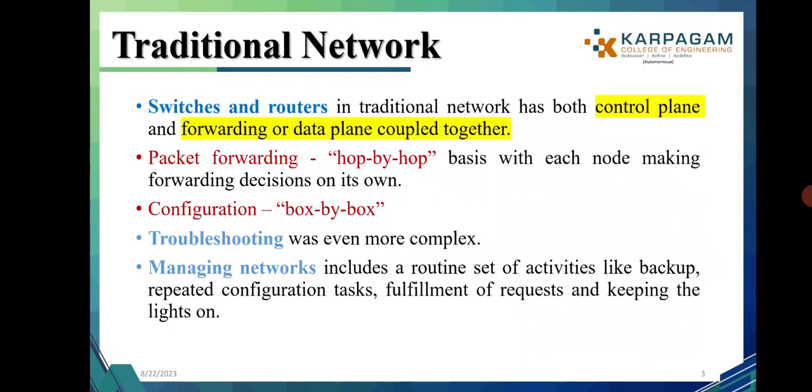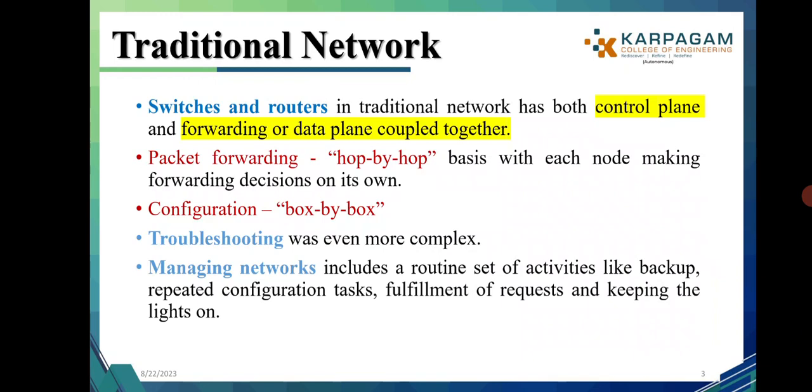So this is an overview of the traditional network. We use connecting devices such as switches, routers, and hubs. You have bridges. Commonly, we use switches and routers in a traditional network. Switches operate in layer 2 and routers operate in layer 3, right? But these two devices have two major planes known as the control plane and the data plane.